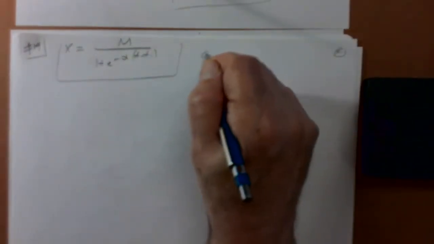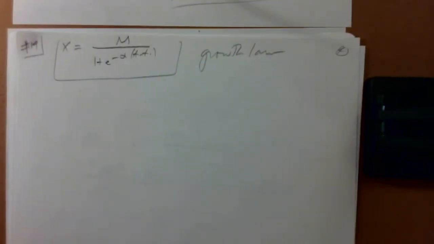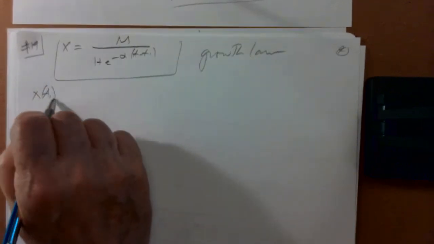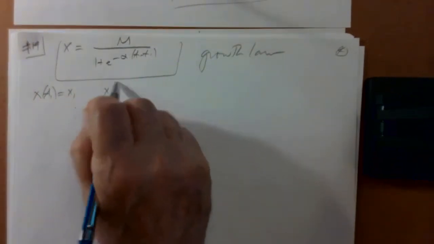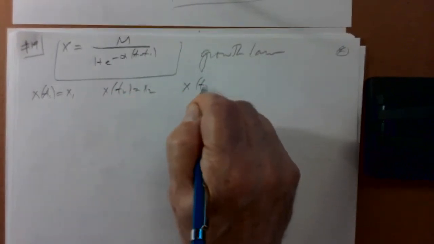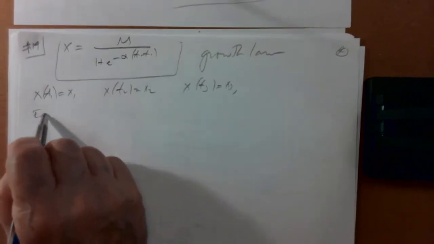So this is our growth law. And suppose a census is taken at 3 equally spaced times, resulting in the numbers x1, x2, x3. So we're told that x at time t1 is x1, x of t2 is x2, x of t3 is x3.